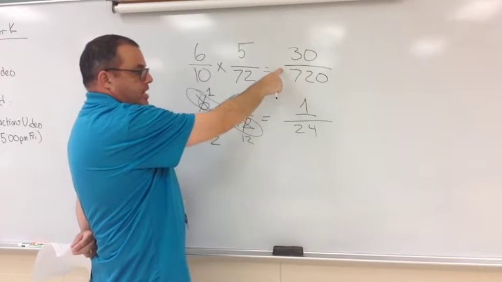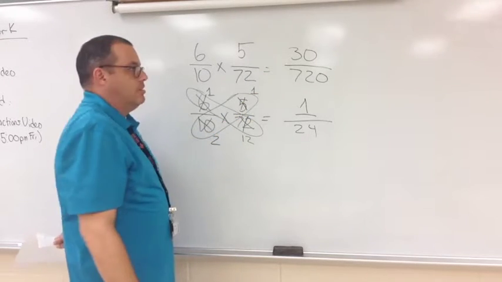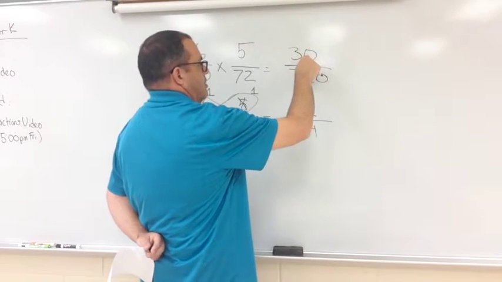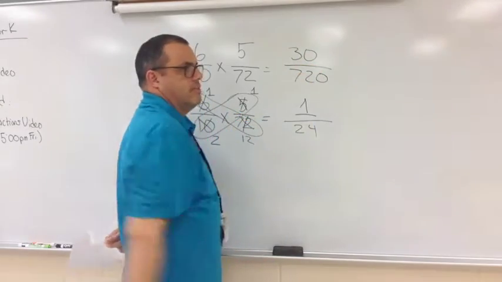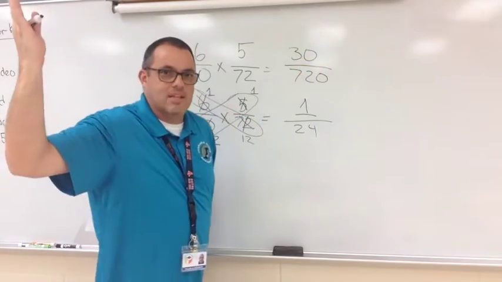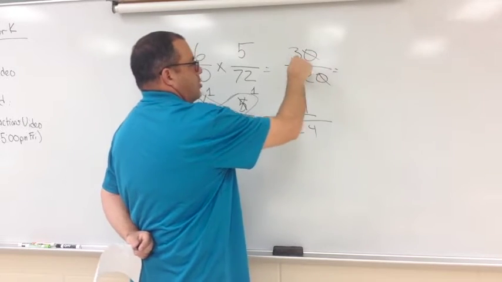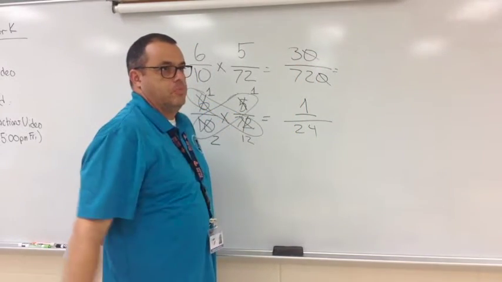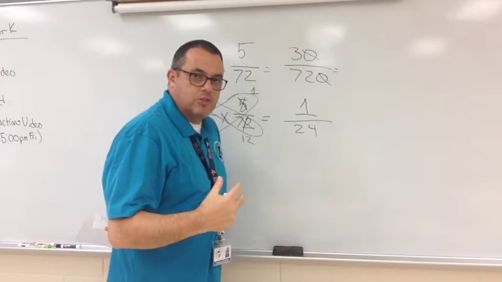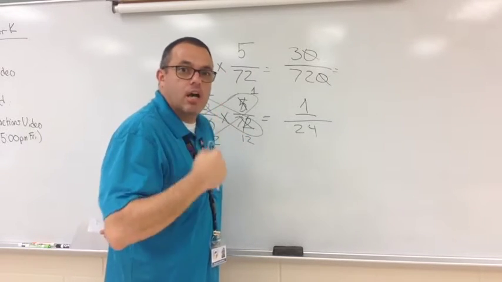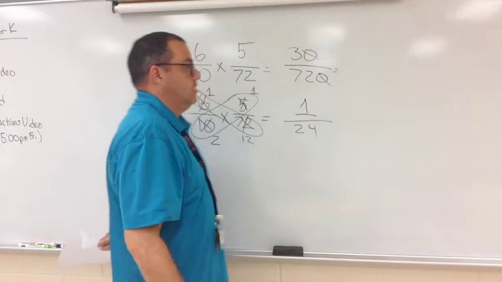Now, if I wanted to attack this, again, these are big numbers. I don't want to deal with it, but I can say, how many times does 30 go into 72? I don't know. That's a lot of work. I don't want to deal with that. So, let's see, we'll do that. 30 and 720. What's the greatest common factor between 3 and 72? Okay?